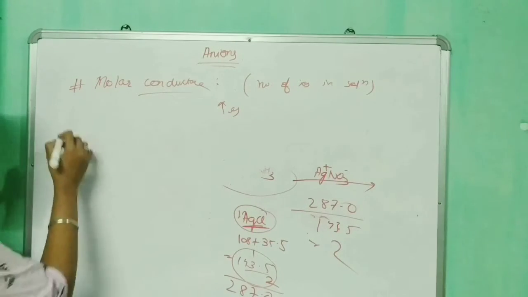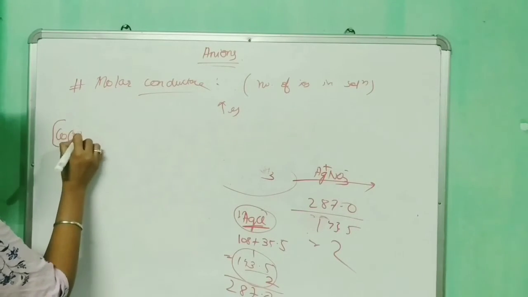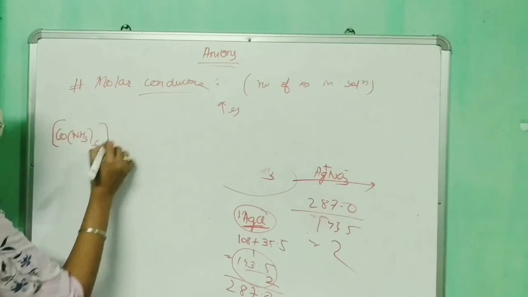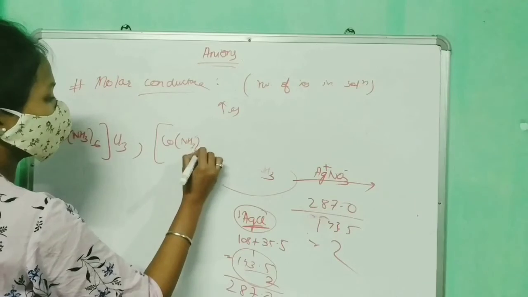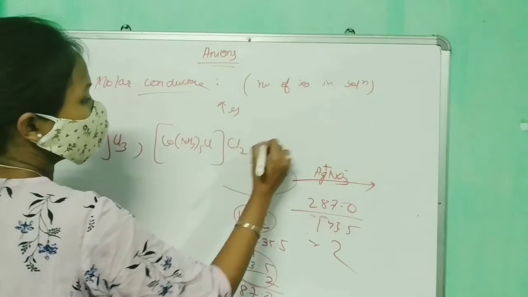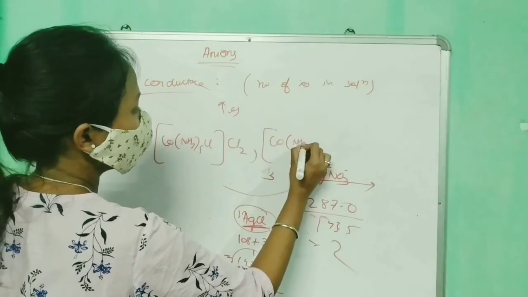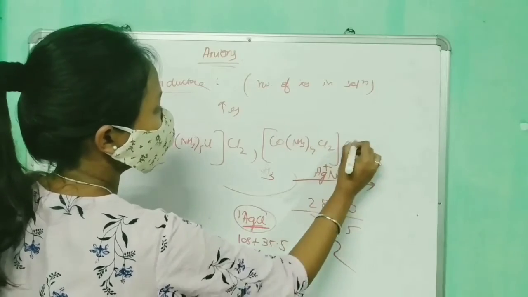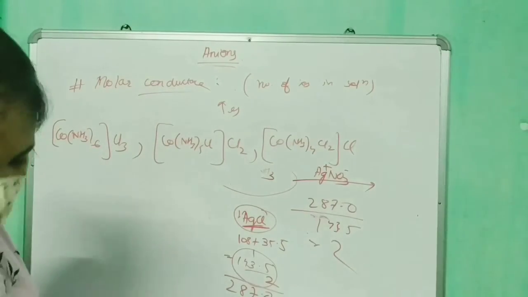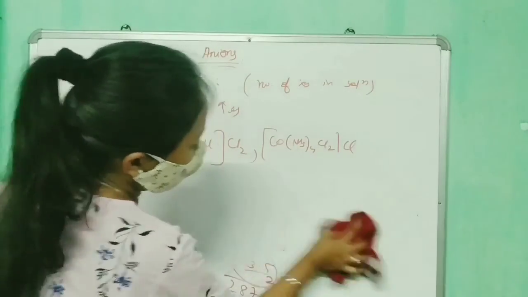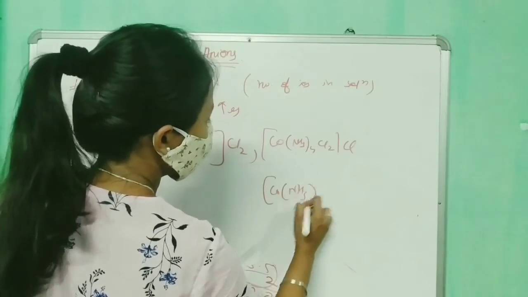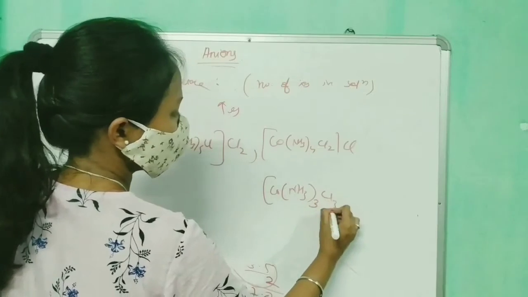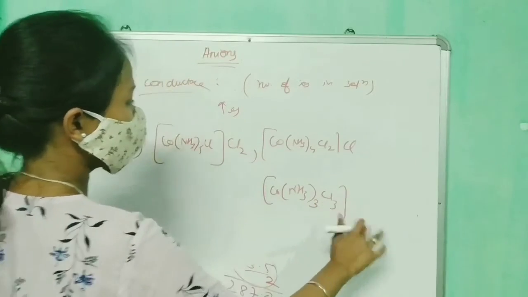So if we see all the 4 complexes, if I write it here again, Co(NH3)6 Cl3, the other one is Co(NH3)5Cl Cl2, third one Co(NH3)4Cl2 Cl, and the fourth one is Co(NH3)3Cl3, and here there will be no ionizable chlorine, right?